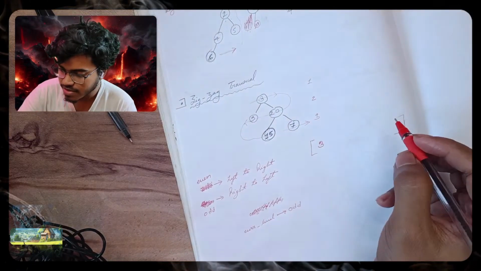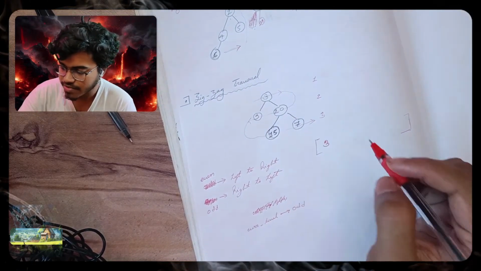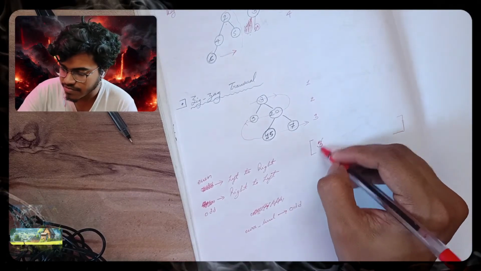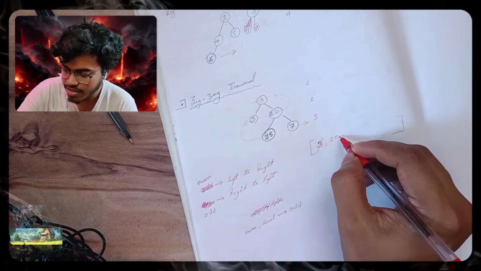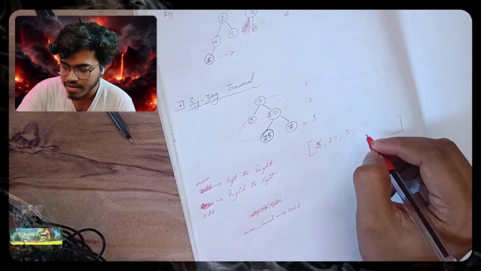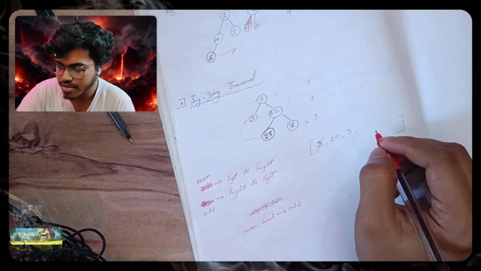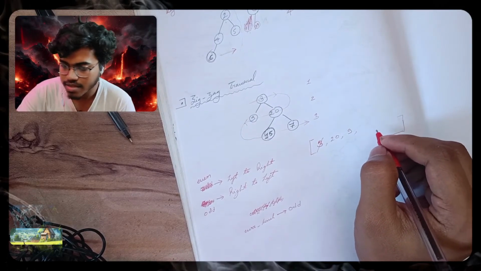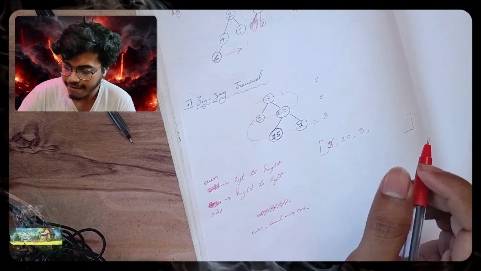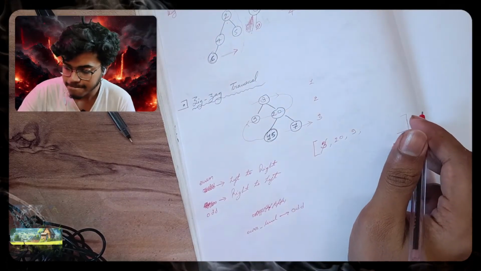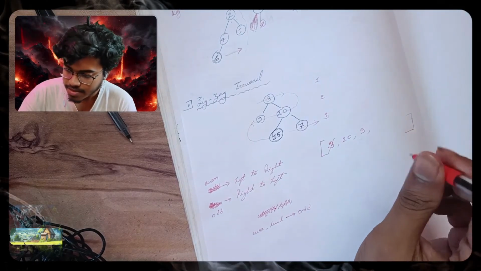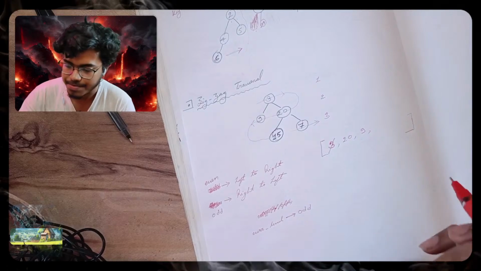So when it is odd, we are inserting it from right to left. So first we will insert 20, then we will insert 9. Then we have a problem now.